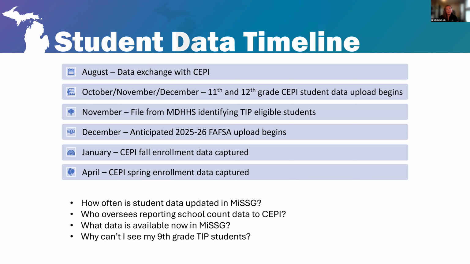That's why it's important that you know there is a little bit of delay in that fall school count data getting to us, because CEPI has to collect it, analyze it, and make sure it's all good and ready to come to us at MiStudentaid.